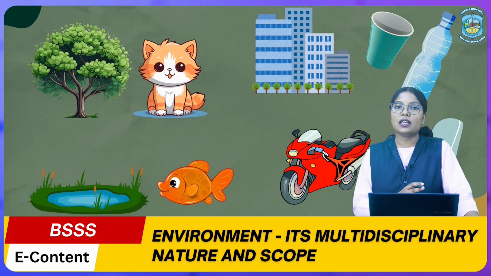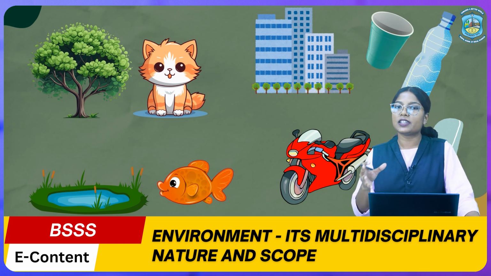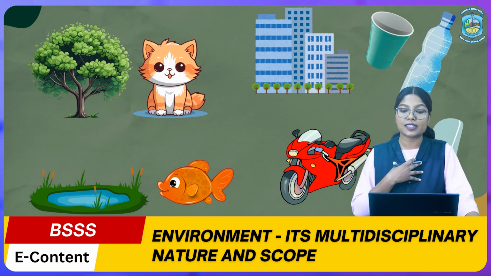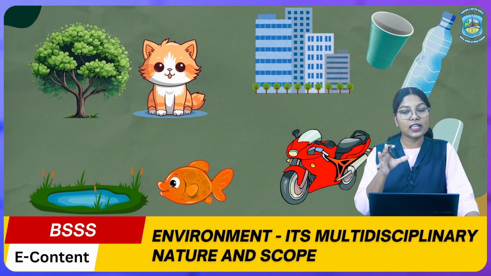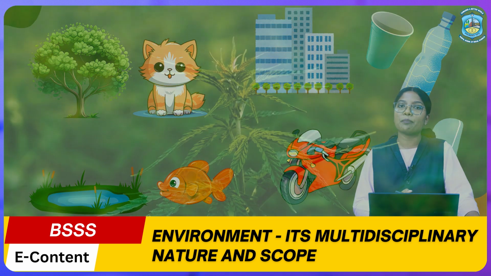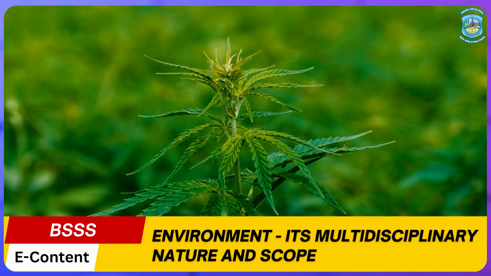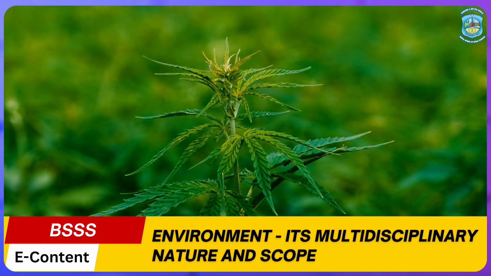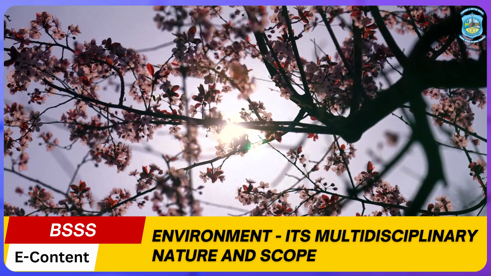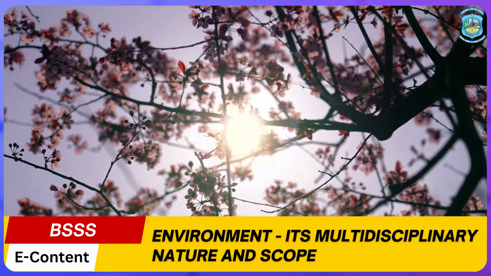Since we live in the environment, we use different components of the environment. We call this the interconnectedness, or the dependency of ourselves on the environment and of the components of the environment on us. Let me give you one example. Plants, for their growth, need nutrients which come from the soil. Plants also need sunlight and carbon dioxide for their growth and for the repair of their body.